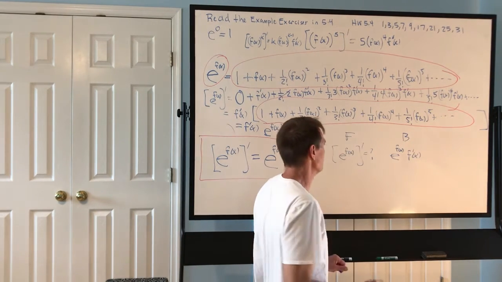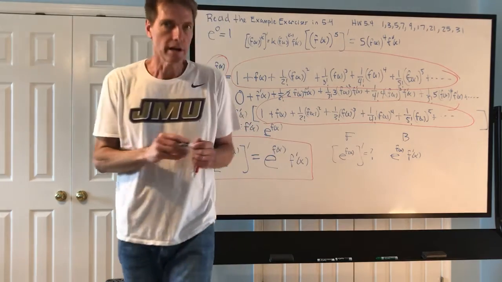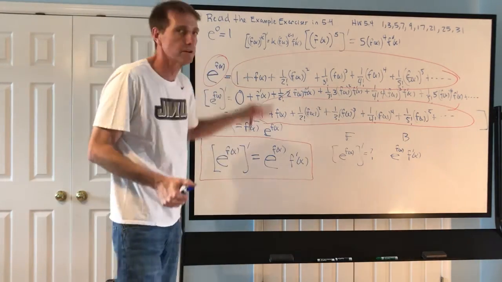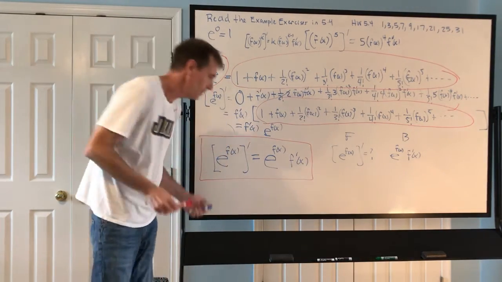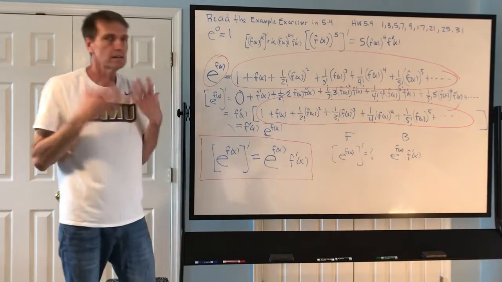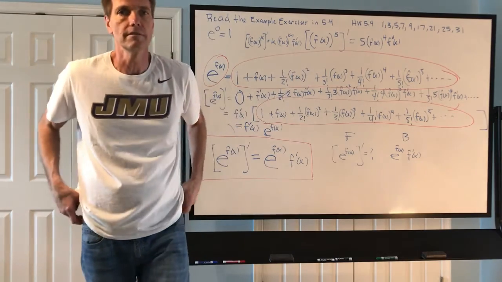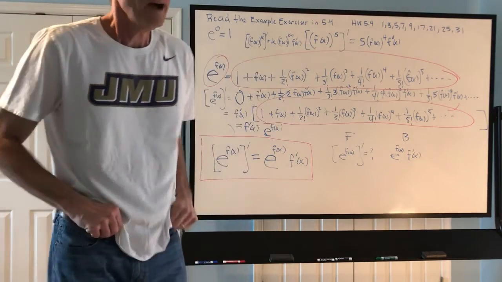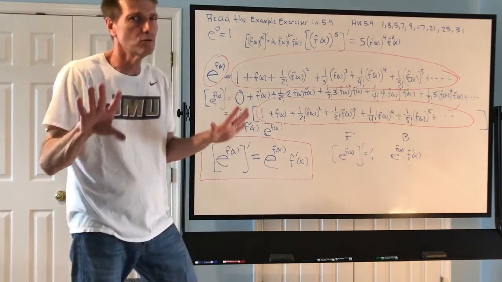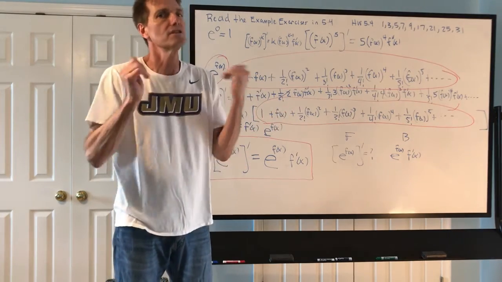Okay, now again, our justification was in terms of this infinite series, or this infinite sum. It's a polynomial this time in terms of f of x. And I know, I'm the only one who really thinks this is really, really cool. But this is really, really cool.